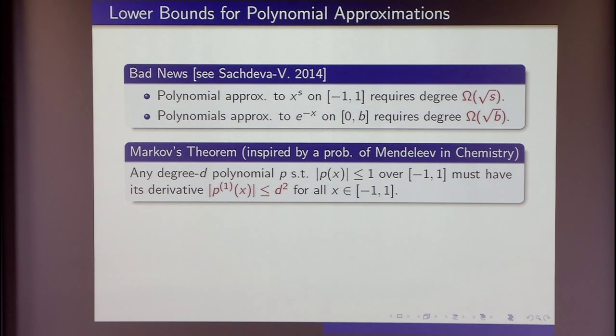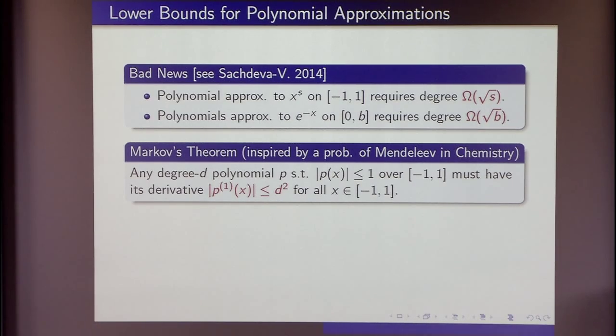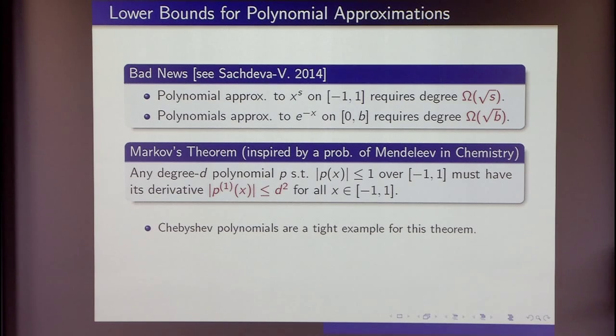It's an extremal statement which says that if you have a degree d polynomial which is bounded by 1 in the interval -1 to 1, then its derivative cannot become arbitrarily high. The derivative is at most d squared. This theorem almost immediately implies these lower bounds. Chebyshev polynomials are the tight examples for this statement, and you can also consider higher derivative versions of this result, where again Chebyshev polynomials are optimal.